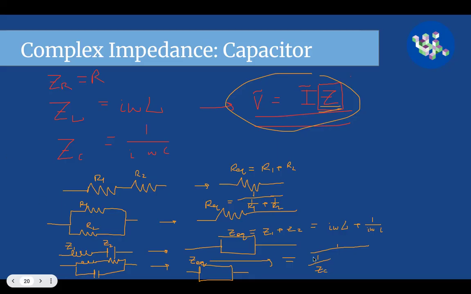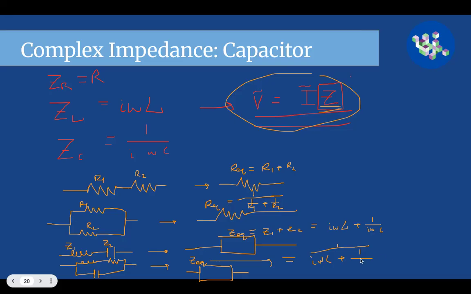Which I know is 1 over I omega C. So it will just be 1 over I omega C, and then plus 1 over the equivalent complex impedance for this section over here, right?